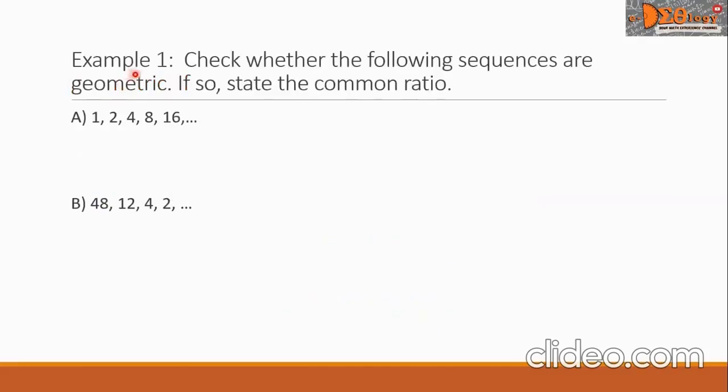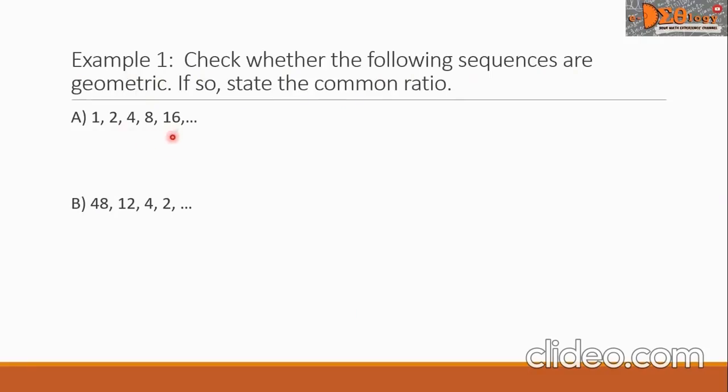Let's have example 1. Check whether the following sequences are geometric. If so, state the common ratio. We have examples A and B here. For example A, the first term is 1, second term is 2, third term is 4, fourth term is 8, fifth term is 16.